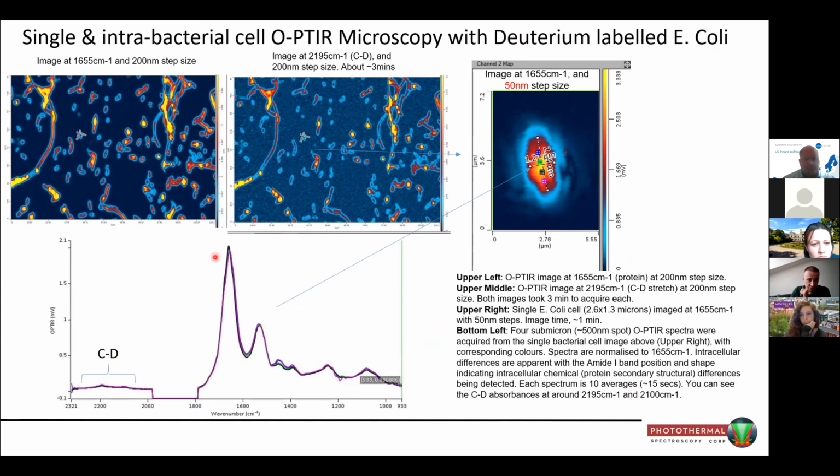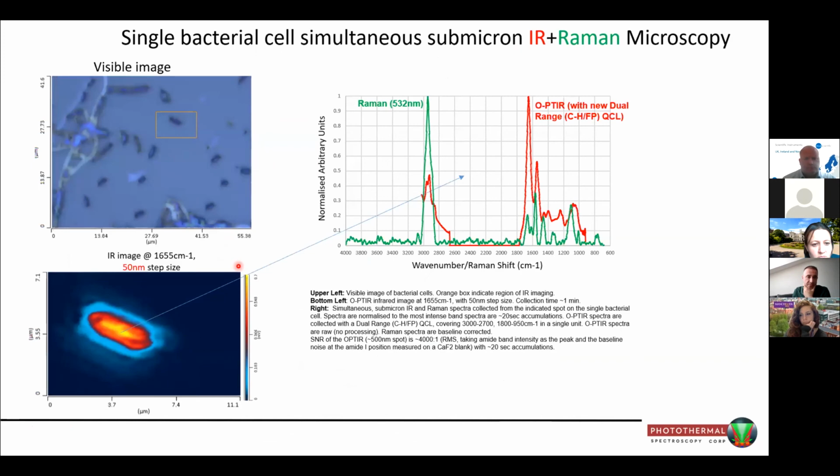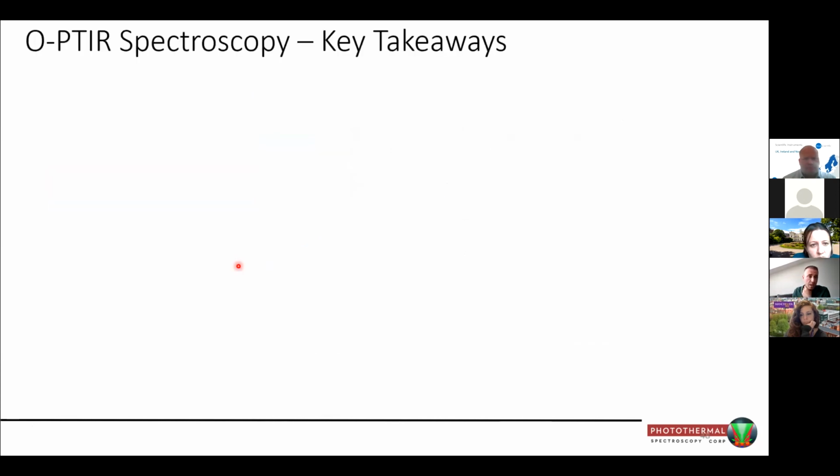In fact, I should have zoomed in, but there are some subtle peak shifts within that. So I was pretty excited when I got that. This same sample now with infrared and Raman. In fact, I'll be showing you some live measurements at the end of this on some bacterial spore samples that I've got. So I've come to the end.